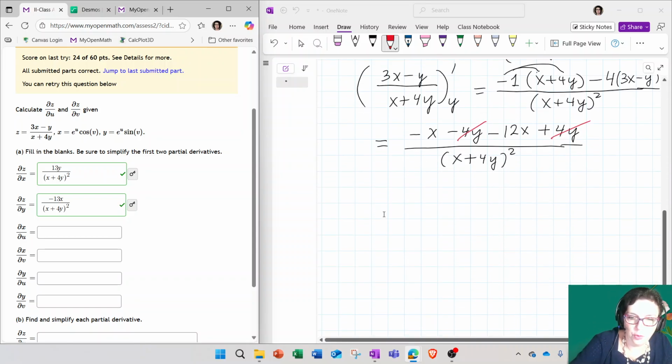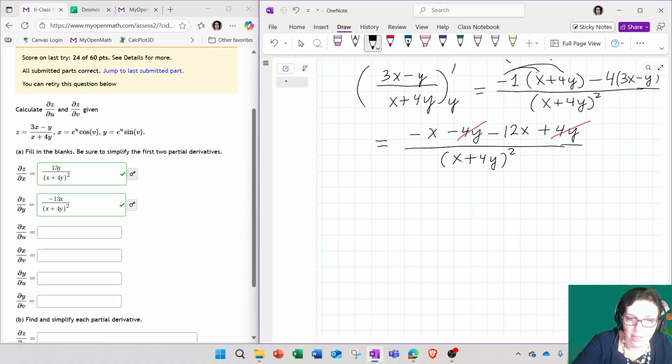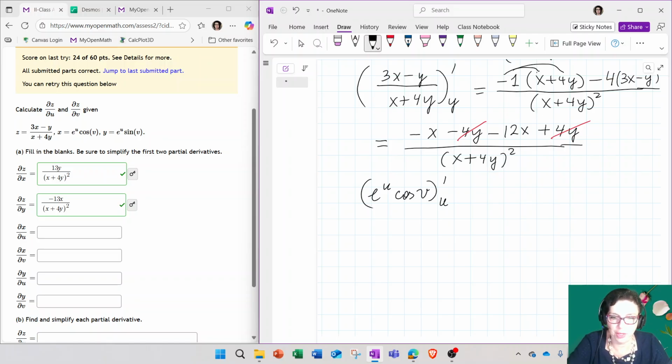Now let's take a look at e to the power u cosine v. I am trying to take the partial derivative of that with respect to u. Okay, so here you have to be very careful. Now, you have a product, right? e to the power u and cosine v.